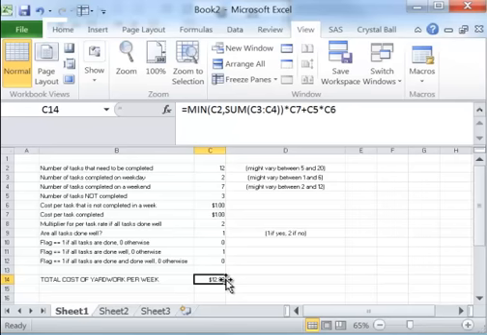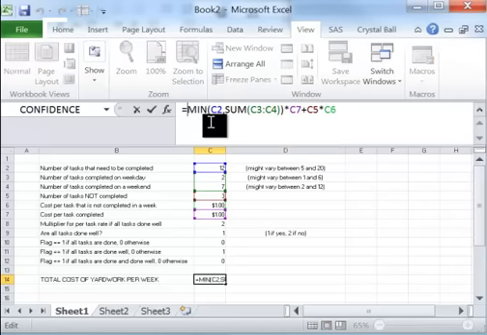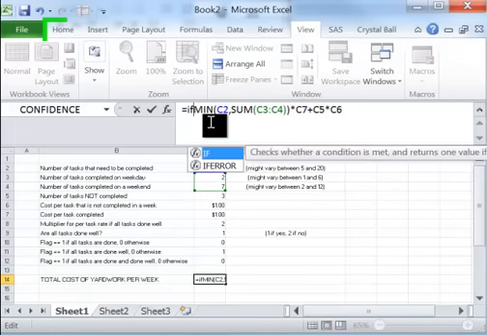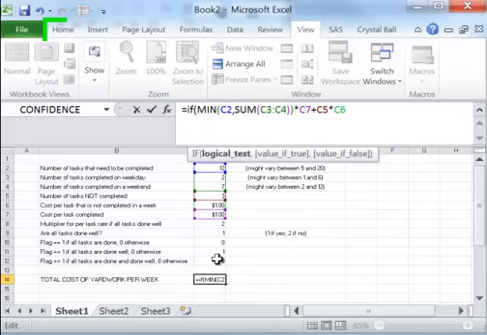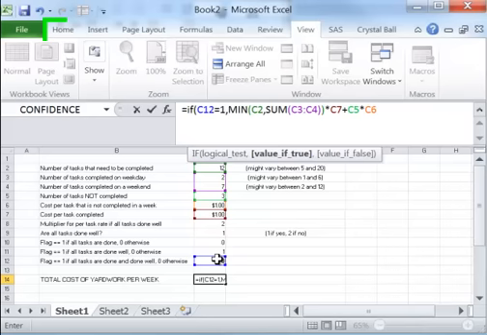Now, what I want to do here is I want to essentially multiply C7, that's my rate per task, that $1, by the multiplier if and only if this flag is equal to 1. So let's use an if statement within our function here. So I'm going to say if this flag is equal to 1, then what I want to do is I want to return everything that I had here, right?